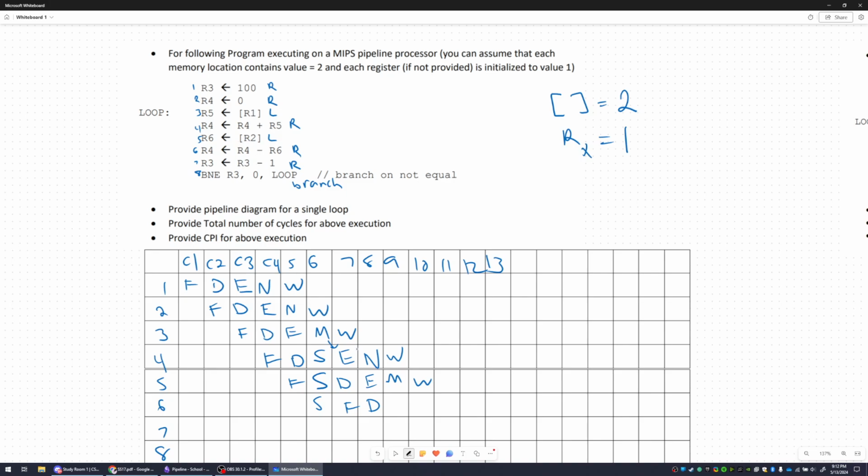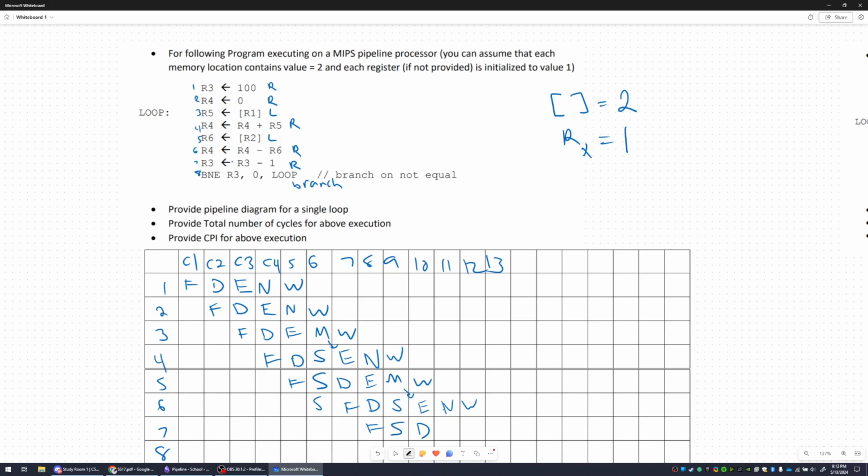Or, well, we can forward it from exec. And then what about 5? It's an L type, so same situation. So stall here, forward it here, exec, no op, write back, fetch, stall, decode.